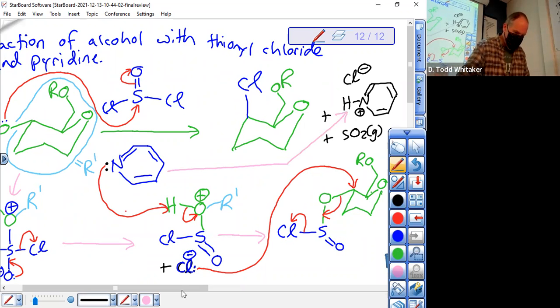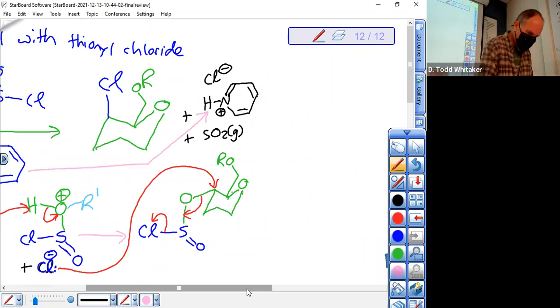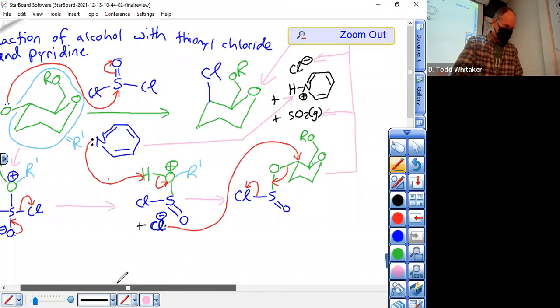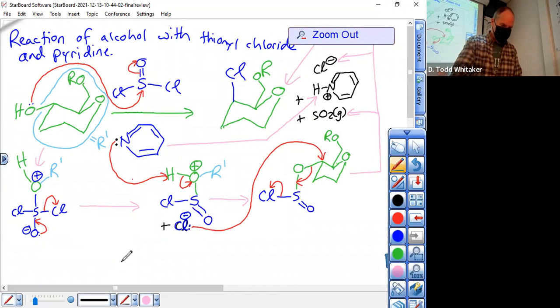And then this is going to give the other 3. It gives that. It gives that. And it gives the Cl minus right there. Groovy. I don't need any of these pink arrows at the end here. If you're trying to follow the logic, it might help. And there you have it. Nice mechanism there.